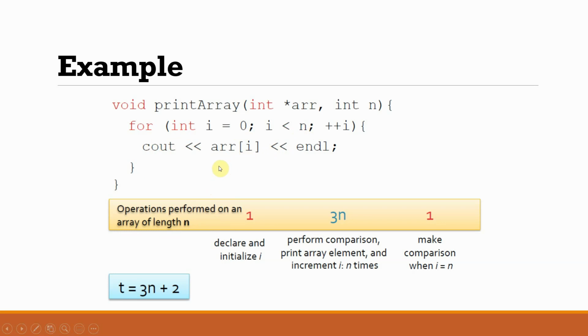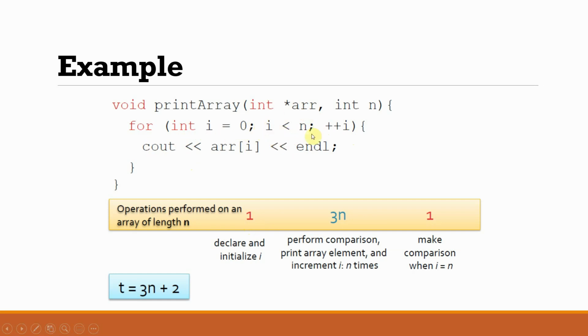So how many operations do we have inside this function? We have this declaration and initialization. We assume that it takes one. Then we have n plus 1 comparisons, because we're going to compare starting from i equal to 0, and even when i becomes n, we're going to compare.